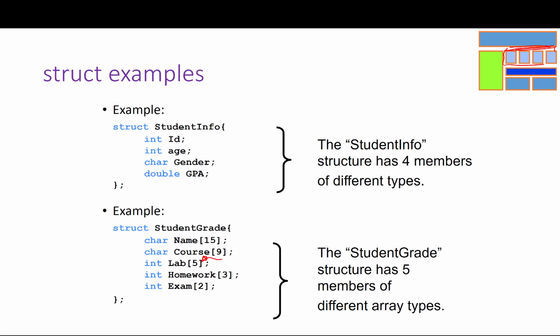So I have here lab 5. This means that I have 5 grades for the lab. Let's say we have 5 labs over the semester, 3 homeworks over the semester, and 2 exams over the semester, right? So finally we have 5 members, okay? And if you look here, you will find that all the members are arrays, and 2 of them actually are a special case of arrays, which are strings.